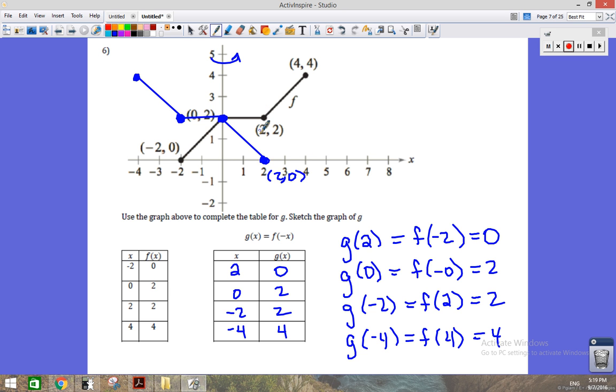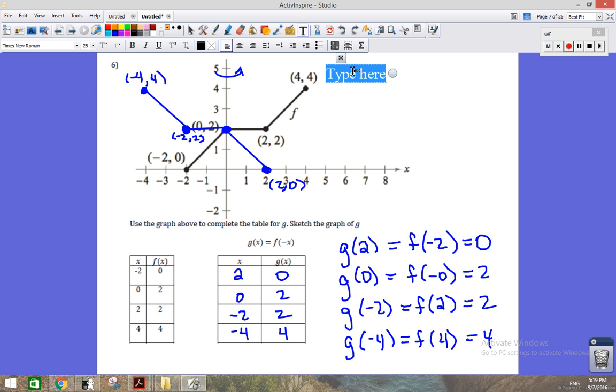This 2, 2 over here becomes a -2, 2, and you were moving to the right 4. Now with the reflection, you're moving to the left 4, and this is -4, 4. So if you stare at it enough, you'll come to the conclusion, yes, this is a reflection, and it's across the y-axis.